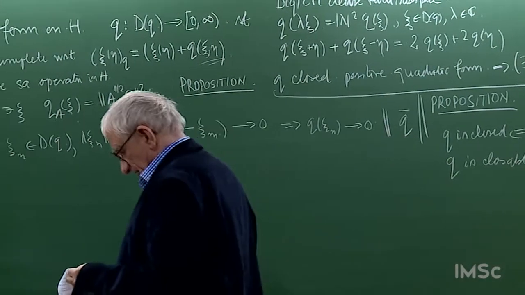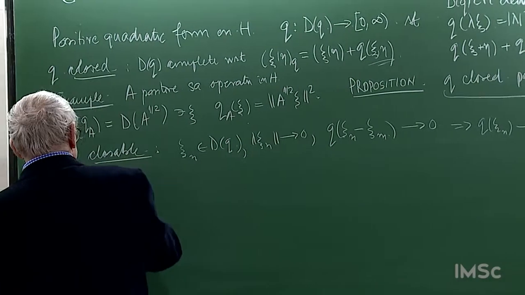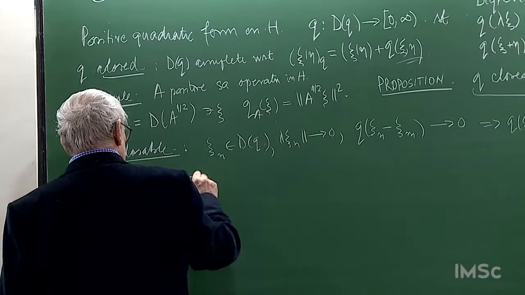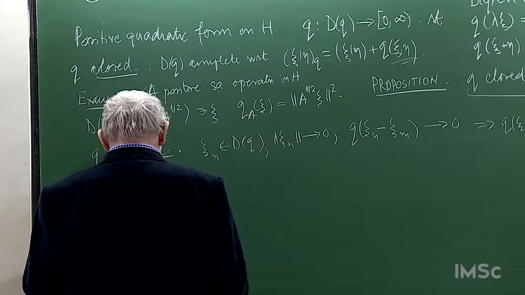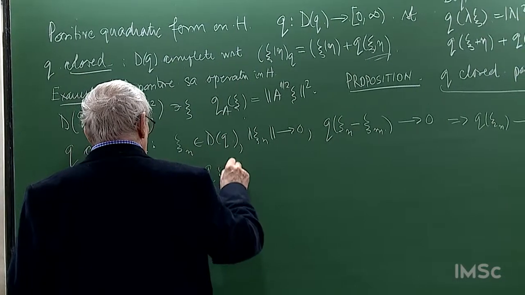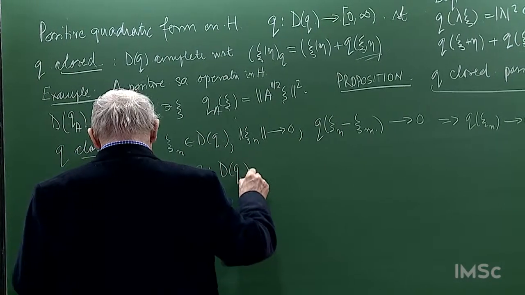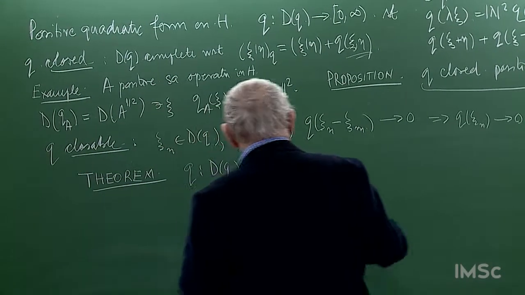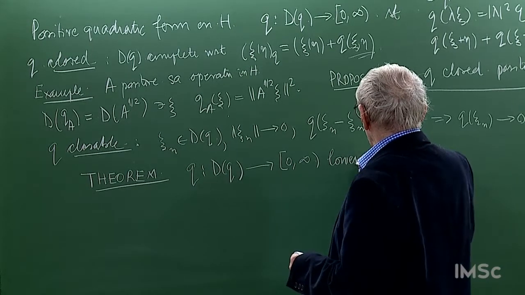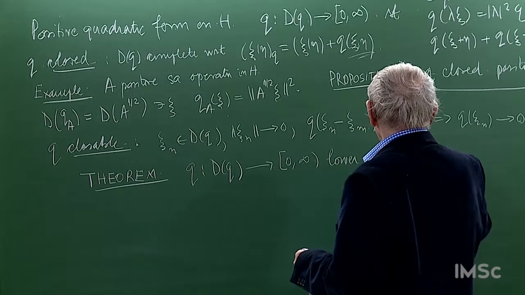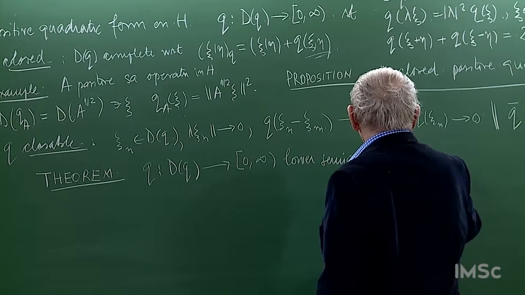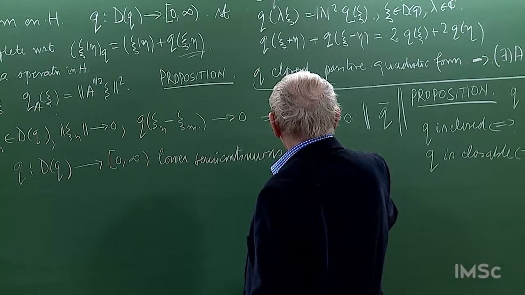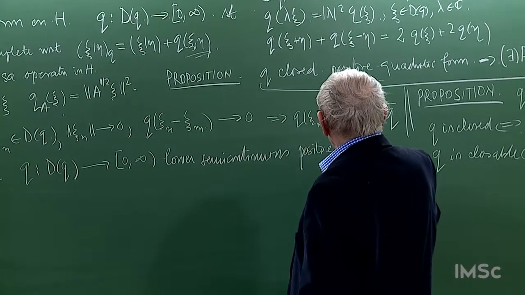So that we can state a theorem that we will use. You have Q on the domain of Q with values in [0, infinity), a lower semi-continuous positive quadratic form.